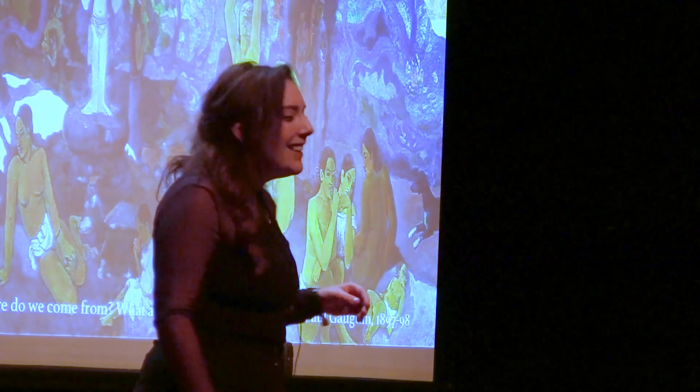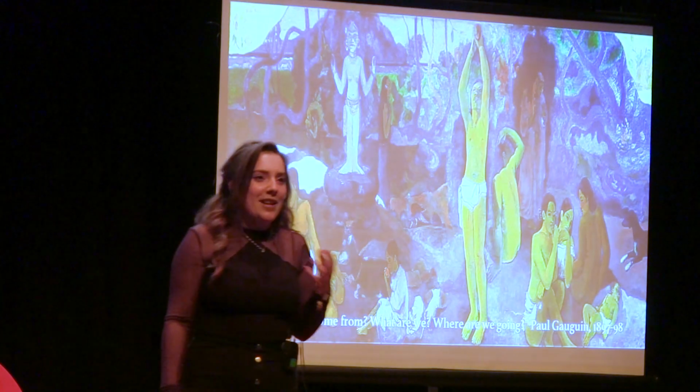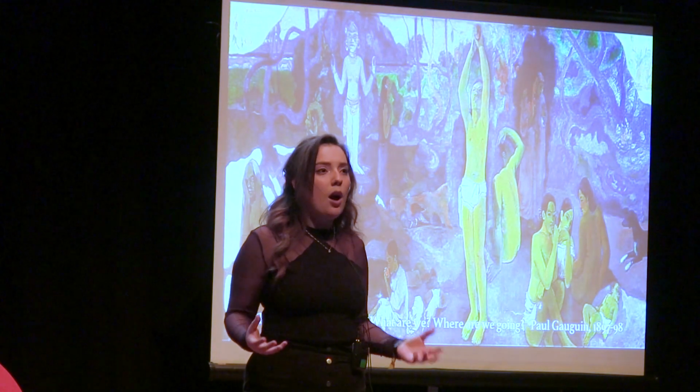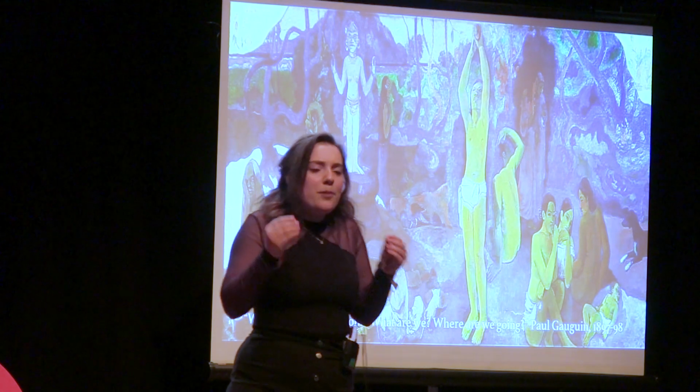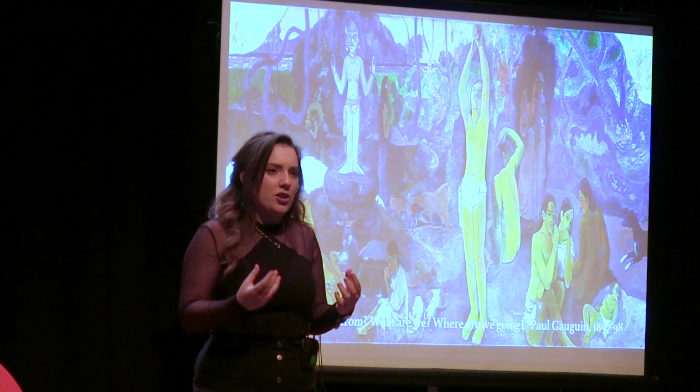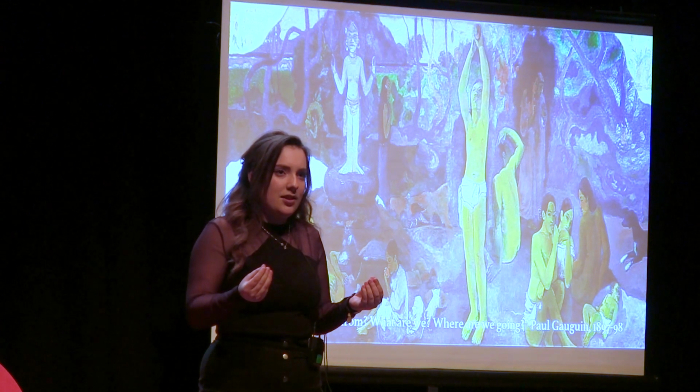So, the reason I mentioned this painting by Paul Gauguin named Where Do We Come From, What Are We, and Where Are We Going is because when we see an image in a museum or in a gallery, our first impression of it is of how it looks.